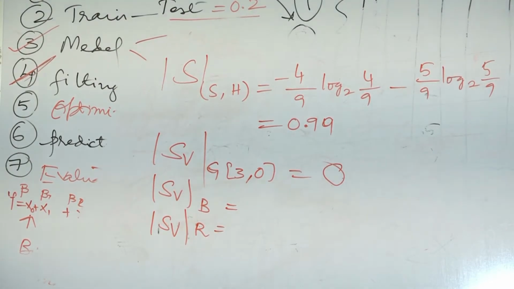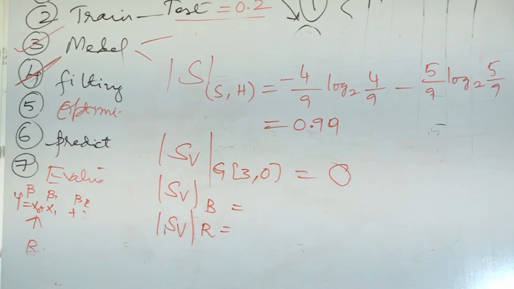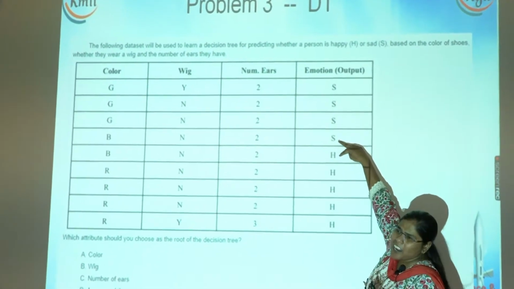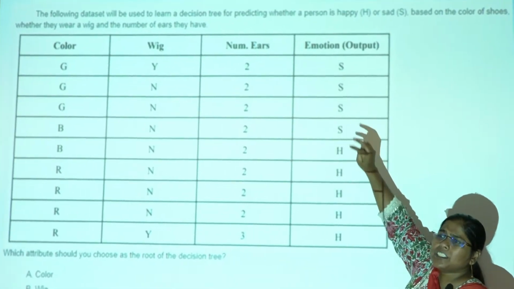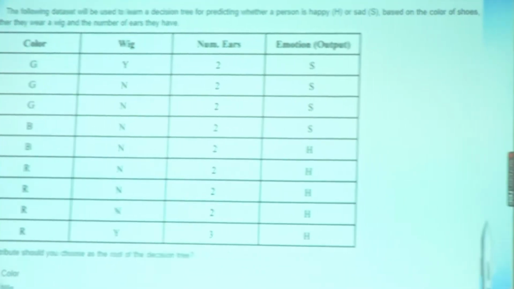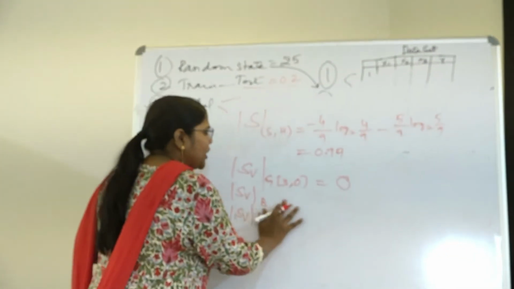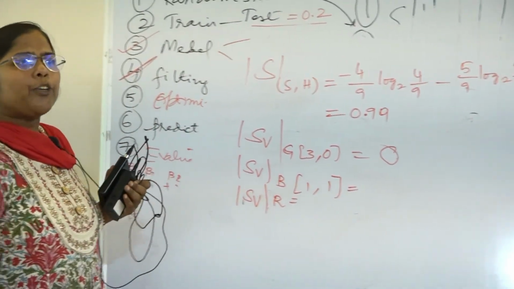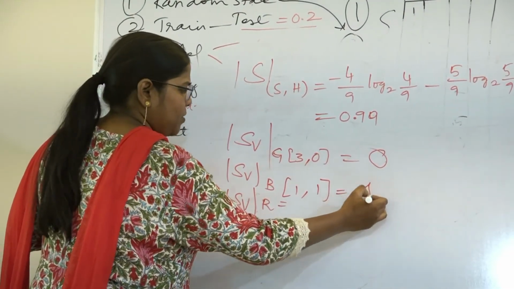Now, how many are blue? One is sad and one is happy. So, entropy is equal to 1.